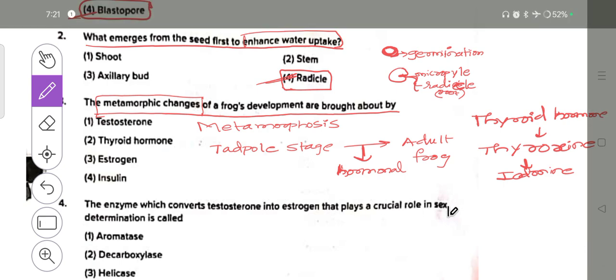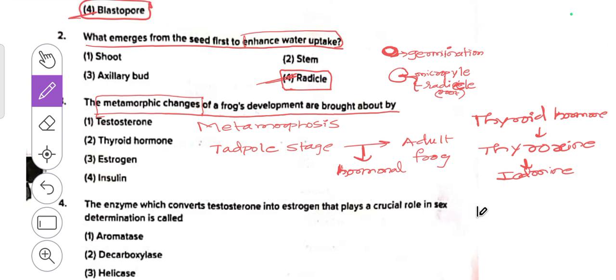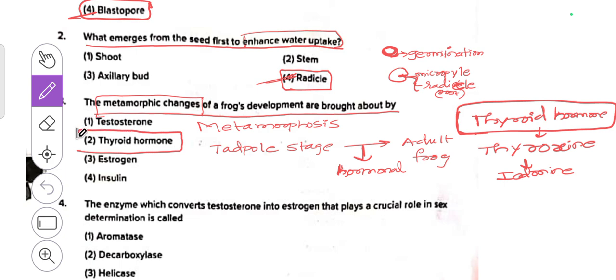If there is no iodine, then no metamorphosis can be observed. So the thyroid hormone helps in the metamorphosis of the frog. So B is the right answer, that is 2 is the right answer.